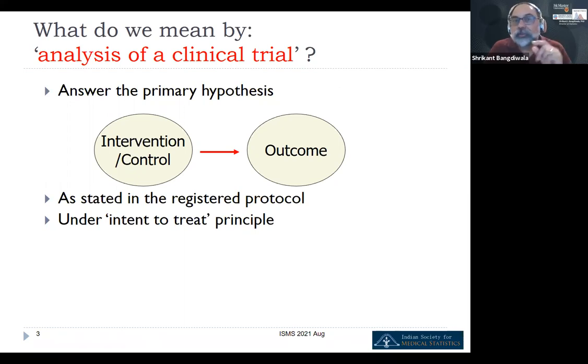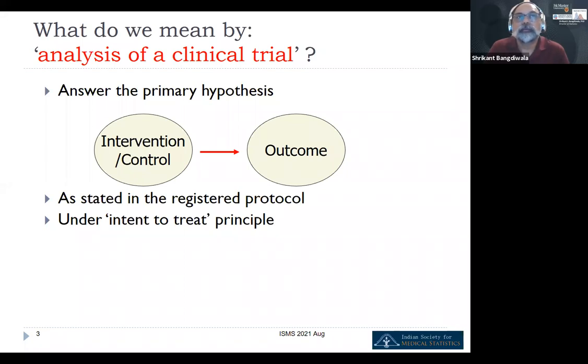It has usually one hypothesis, and that is what is the effect of the intervention on a particular outcome. The primary analysis is then answering the primary hypothesis of that relationship, that causal relationship. It is how it is stated in the registered protocol, and it's under the intent to treat principle.